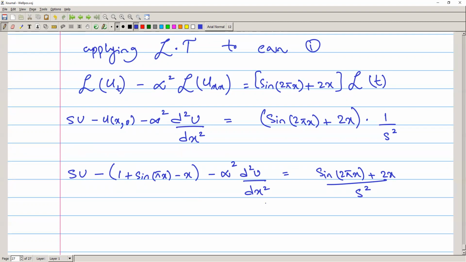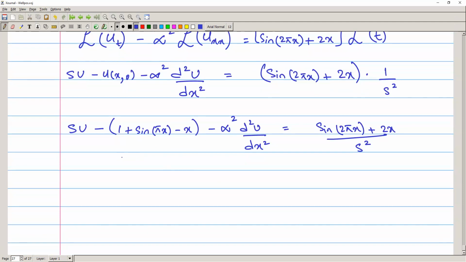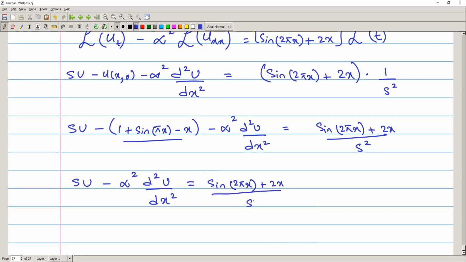All right, so we can move this to the right hand side, so we will be left with sU minus alpha squared d squared U over dx squared is equal to (sin 2 pi x plus 2x) over s squared plus 1 plus sin(pi x) minus x.